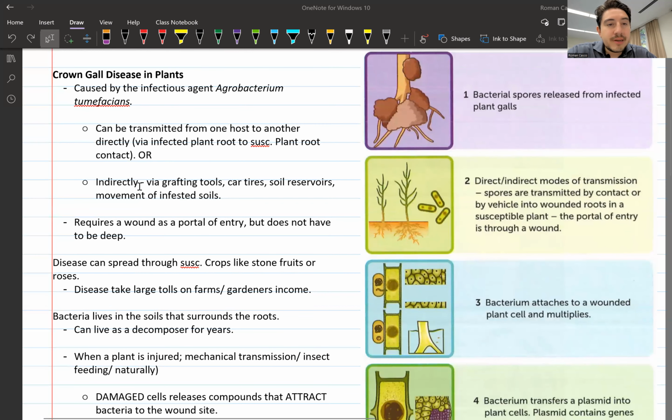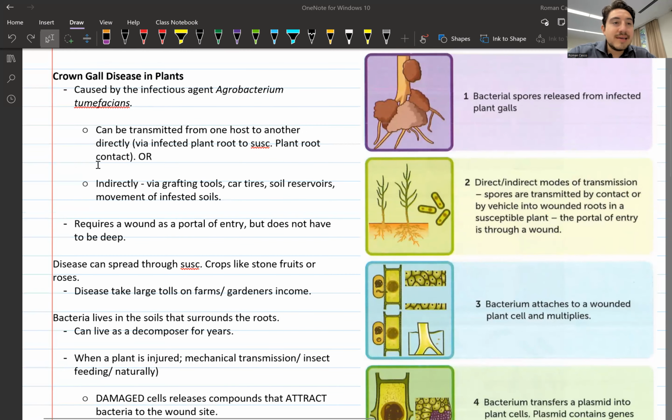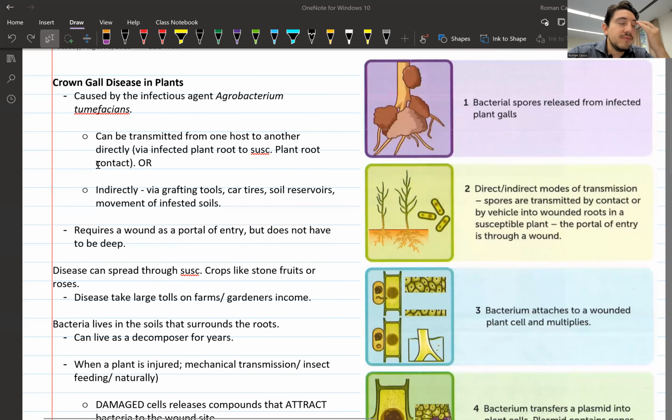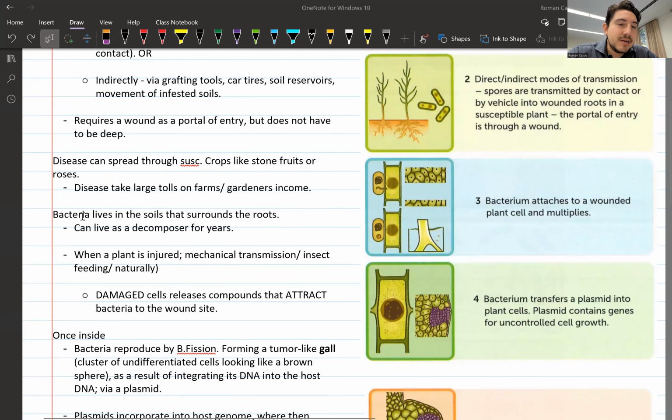So it could be direct or indirect transmission, and the way that you actually get infected, the portal of entry, is essentially a wound on the plant. It doesn't necessarily even have to be a deep wound. You can have a superficial wound enough to get into the internal tissues of the plant. Most of the plants that it infects are stone fruits or roses.